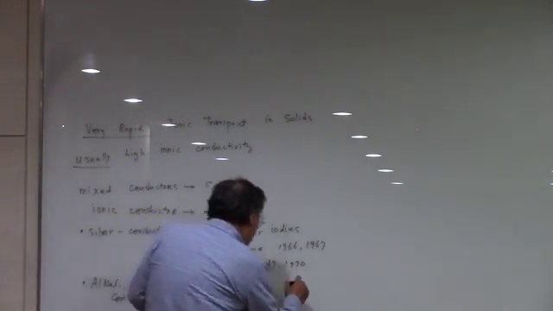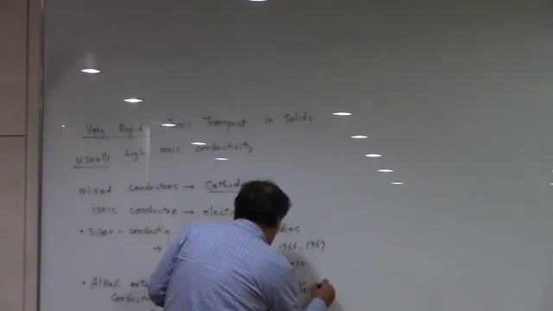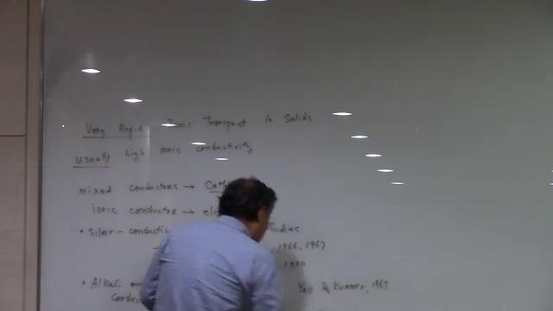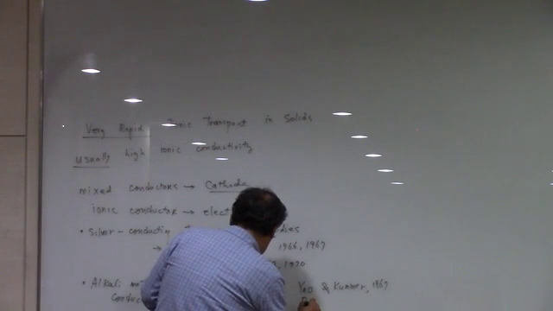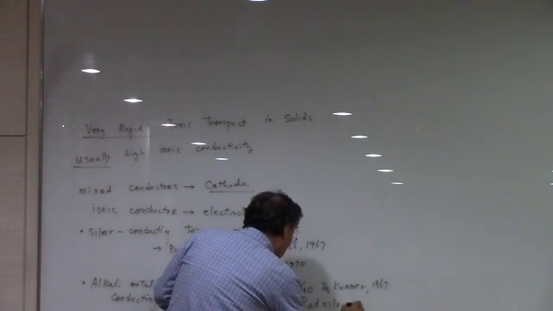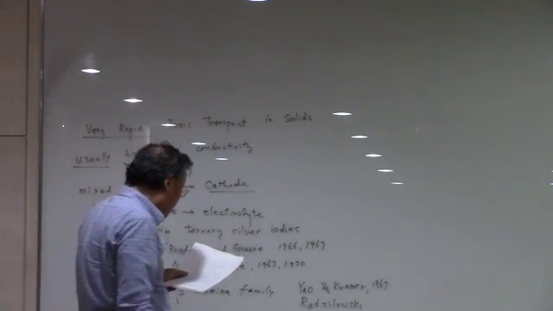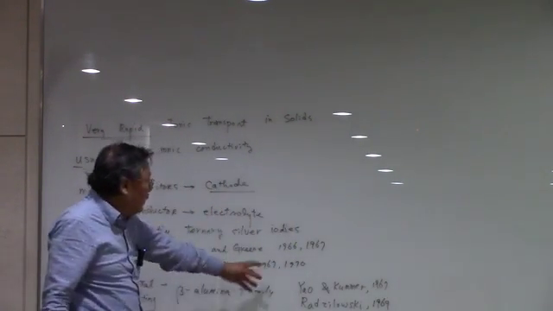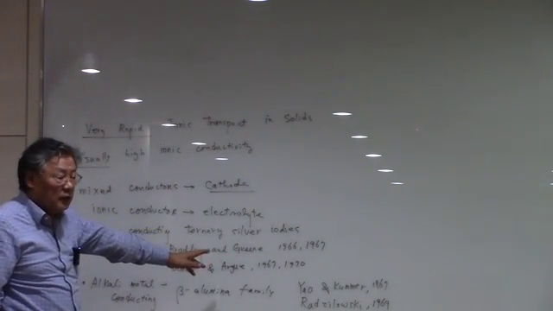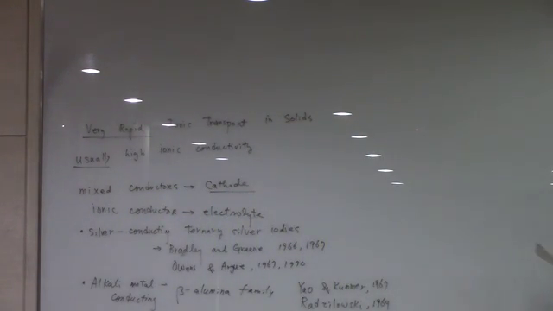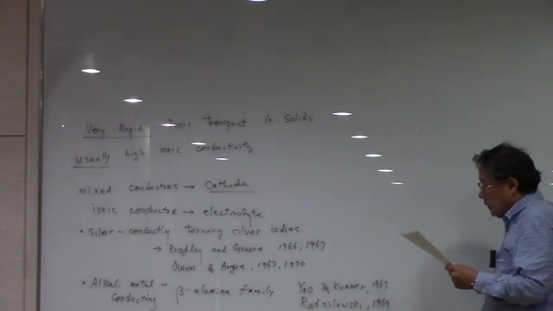And then this was done by Yao and Kumar, 1967, and Razilovsky in 1969. So it's just around the late 1960s that this very fast ionic conductor was studied.